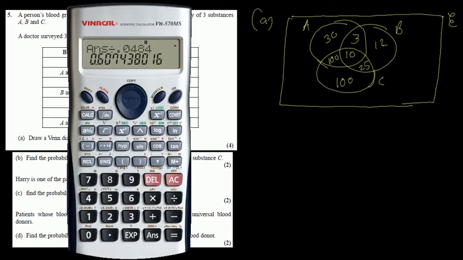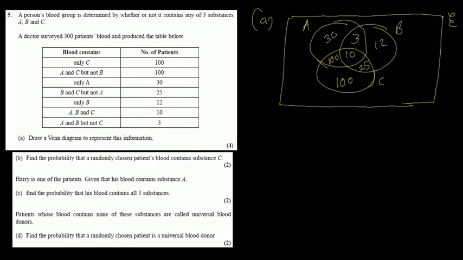So let me use the calculator. 43 plus 25, plus 12, plus we have 200. This is 280. So from 300, if you remove 280, this would be 20. So draw a Venn diagram and the information is done.